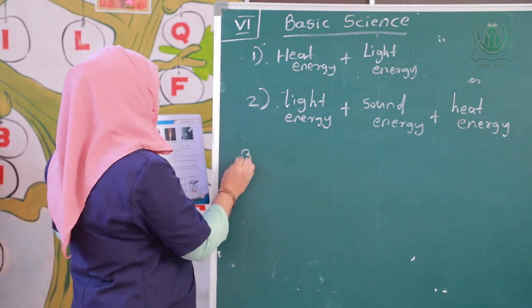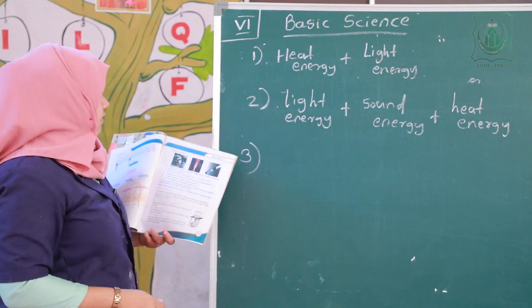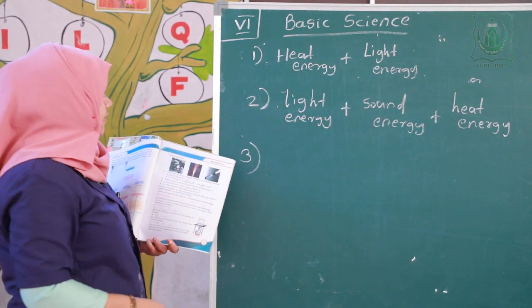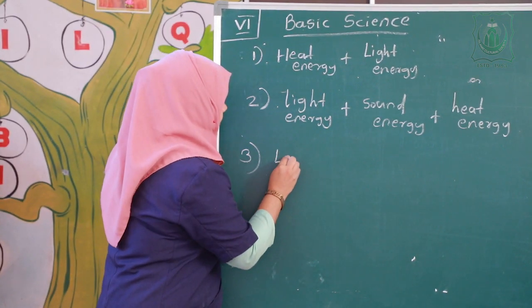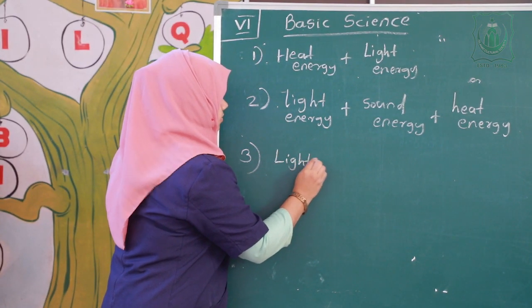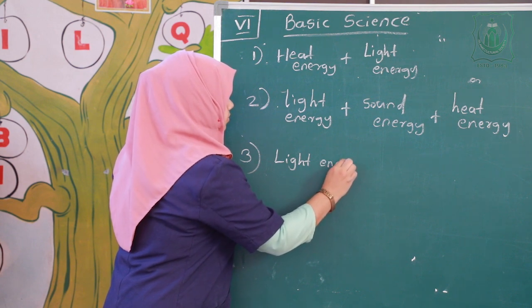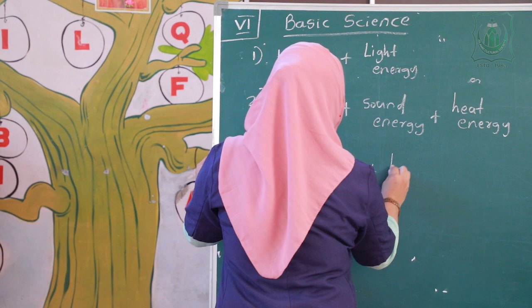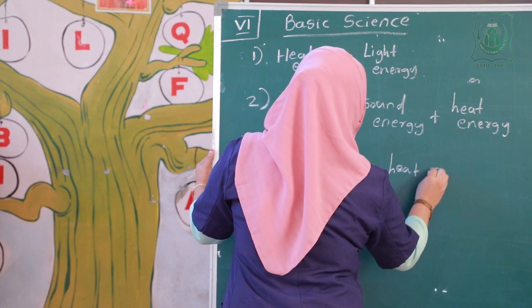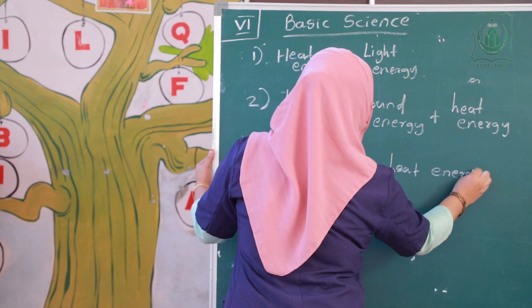Then the third one, when a torch is lit, what energy is produced? Light energy and heat energy.